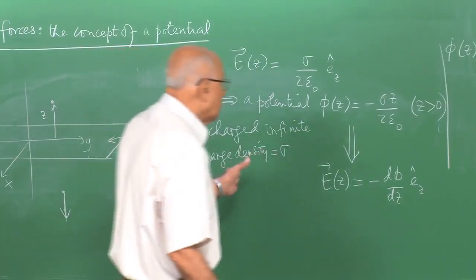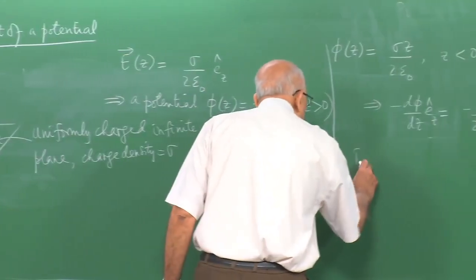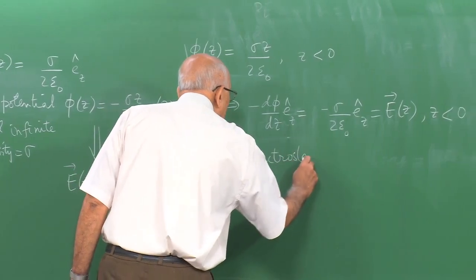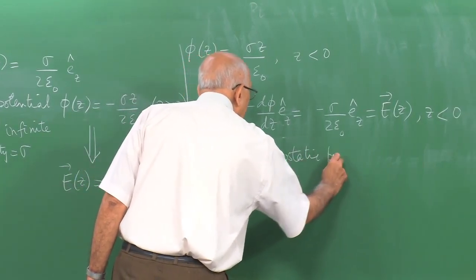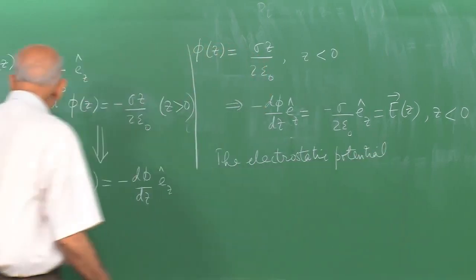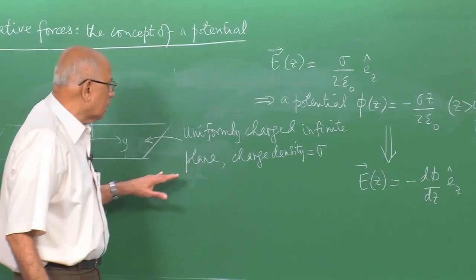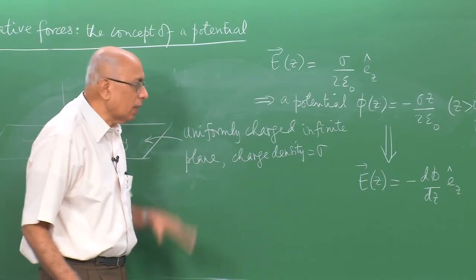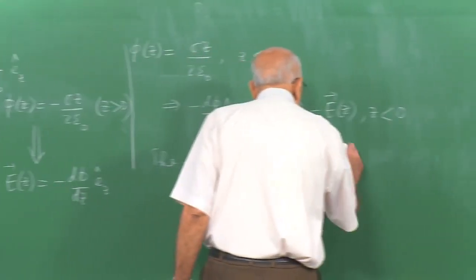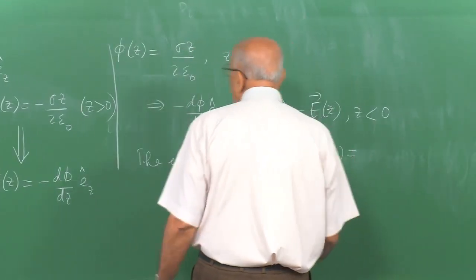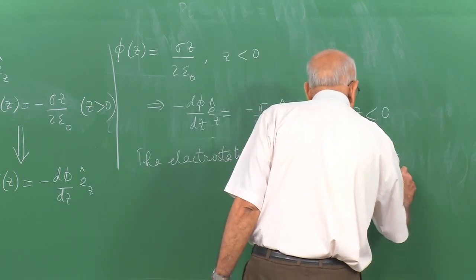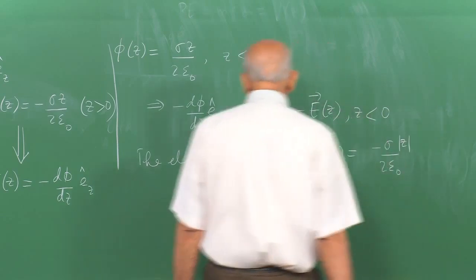So you could combine both these things and say the electrostatic potential due to an infinite uniformly charged plane with charge density sigma sitting on the xy plane, this electrostatic potential phi of z, must be equal to what we have here, minus sigma over 2 epsilon naught, the modulus of z.